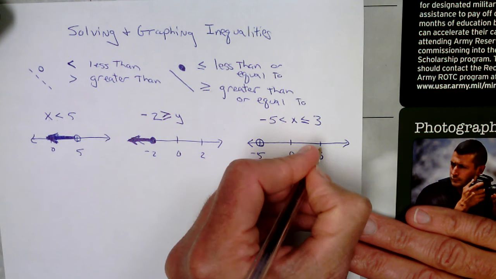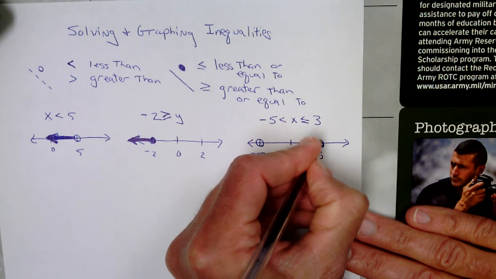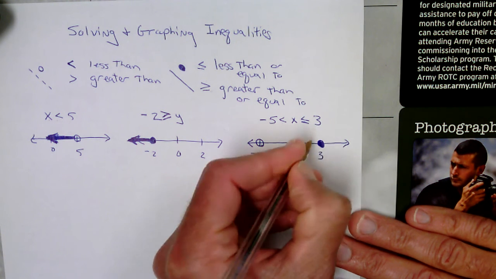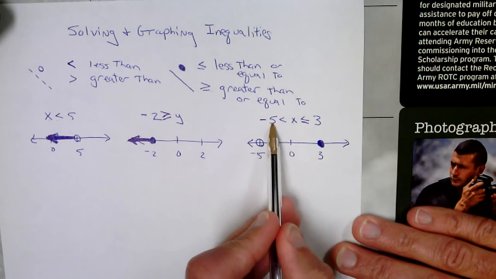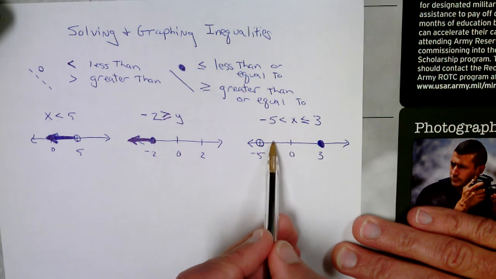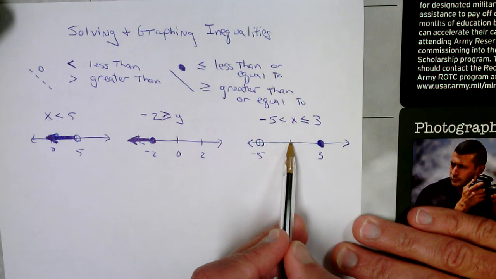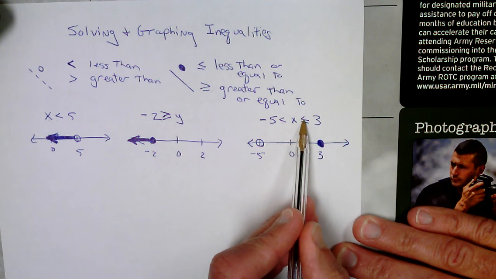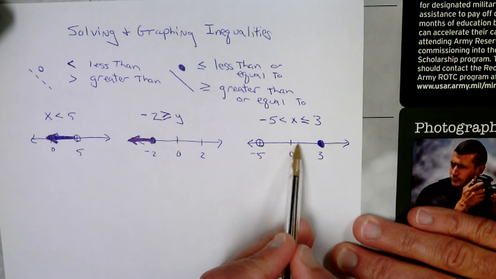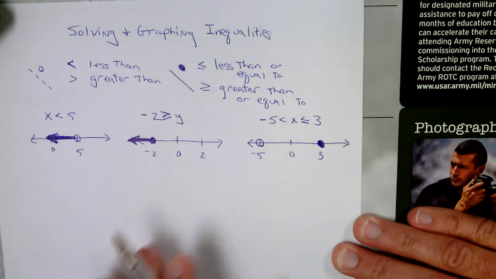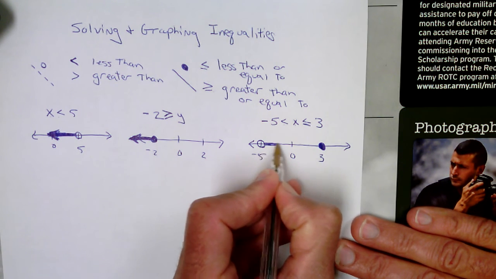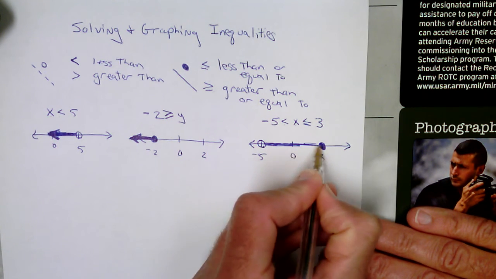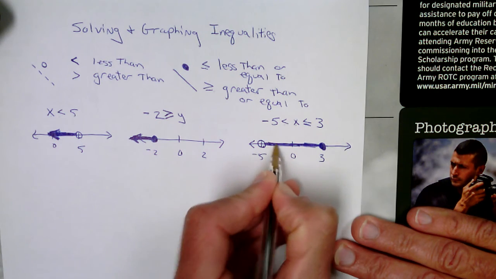This is a less than or equal to symbol. So that's going to be a closed circle. Okay? And now, where are all the values that are greater than -5? Well, it'd be anything in here: -4, -3, 0, 4. Where are all the values that are less than 3? 2, 1, 0, -4. So that means for this solution, I'm going to shade, or I'm going to join these two circles right here. Okay, so that goes down through the middle.